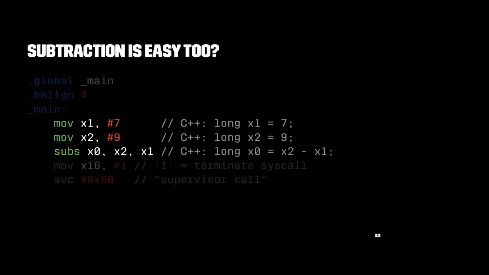And subtraction is easy as well. We just move a value into a register, and then we can do this subs, and at the end of this, x0 is going to be the difference between x2 and x1. Now this s at the end means set ALU flags.